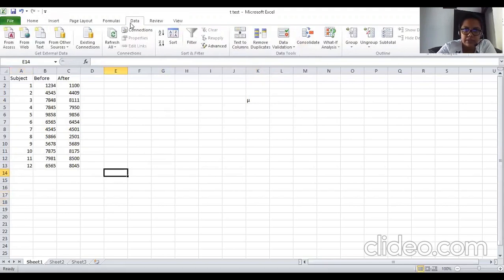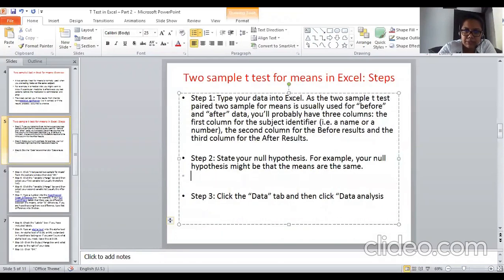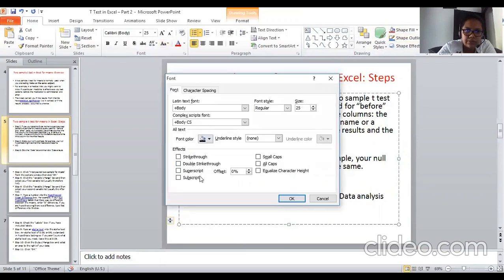State the null hypothesis. For example, the null hypothesis might be that the means are the same. So what should be the null hypothesis? H node, and this has to be a subscript. We can subscript it from here.